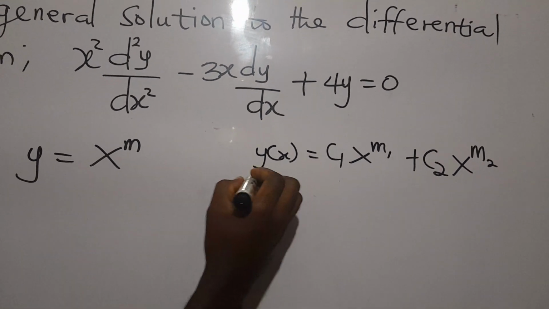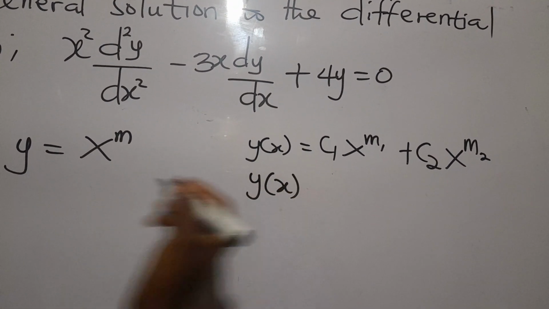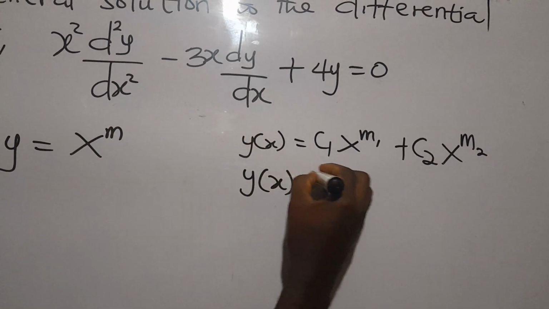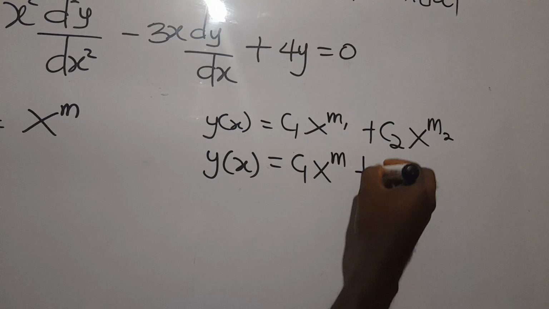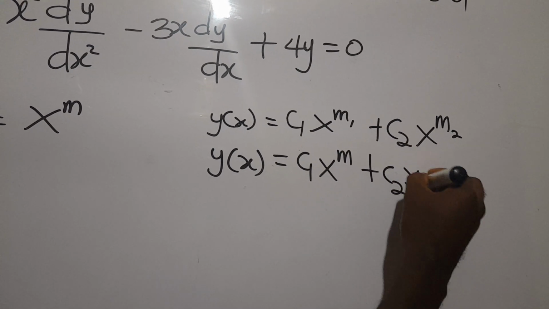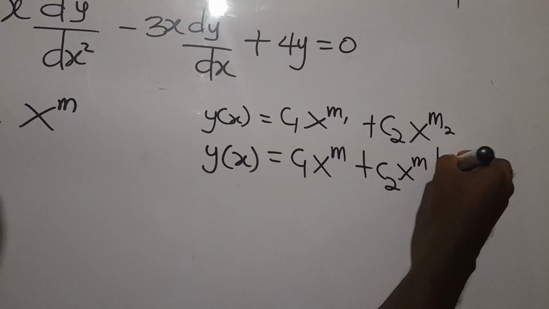When it is a repeated root, our general solution will be c1 x^m plus c2 x^m ln x.